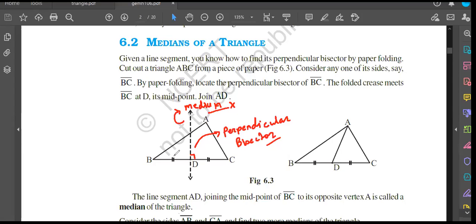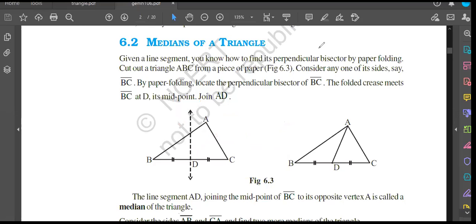Got it, everyone? We'll study it, don't worry. It won't be an altitude. So we have three or four types of lines. First, median. We will write a table and summarize everything, but try to understand each and every concept.